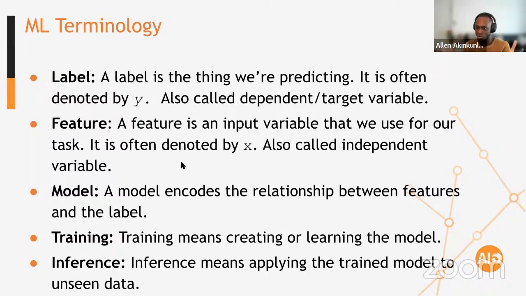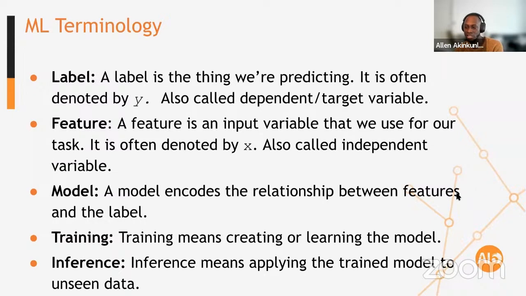It's a variable we use to predict. It's what's in our data, right? It is often denoted by X, and some textbooks call it an independent variable. So that's something to keep in mind. We have the label, we have the feature. In the example, the number of bathrooms could be a feature, something you want to use to predict another thing, right?